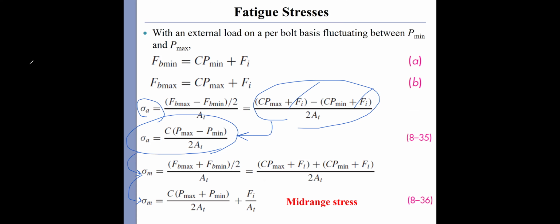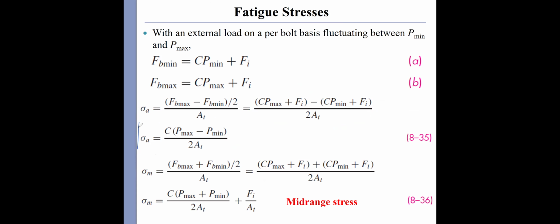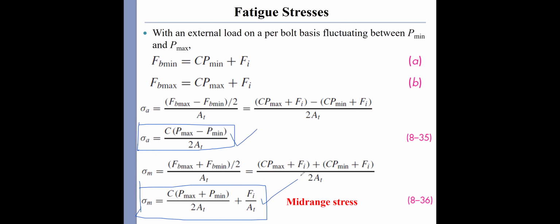So we get two key variables here: one is the alternating stress and the other is the mid-range stress, or the mean stress. These two stresses are the key factors for the fatigue analysis.